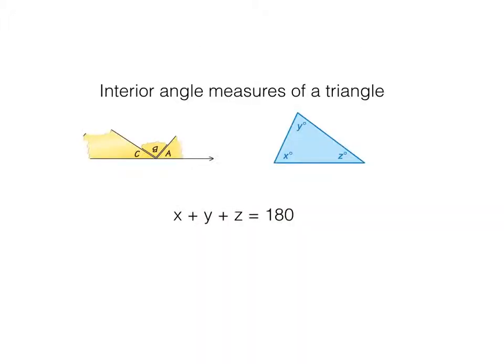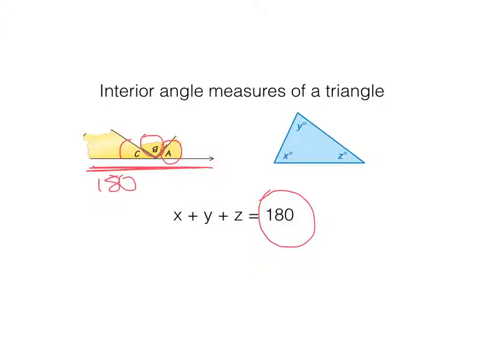The next thing we need to know is that the interior angle measures of a triangle equal 180 degrees. That's kind of a mouthful. Let's think about it. Today in class, we used our triangle that we drew, and we cut up each of the angles of the triangle, and notice that they all can lay out on a flat line, or 180 degrees.